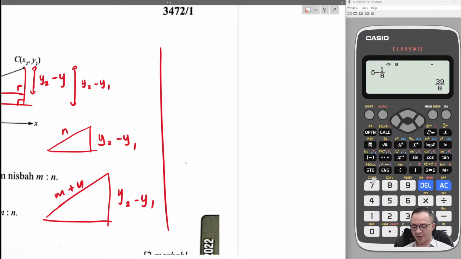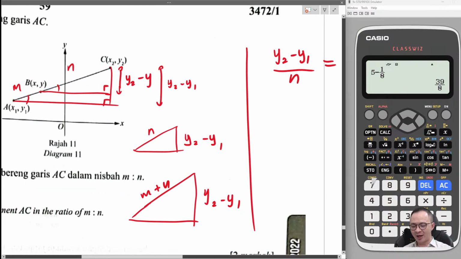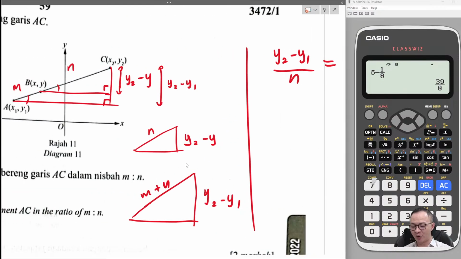Okay, so I will say something like y2 minus y1 over n equals to y2 minus y. So this one is y2 minus y, no 1, because this y doesn't have 1.